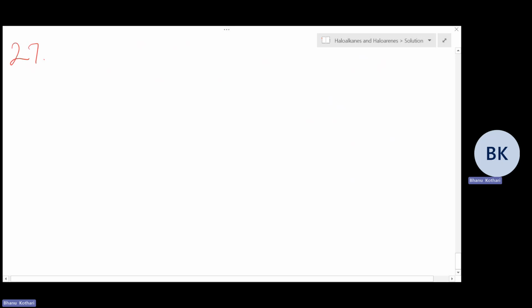Question number 27. What is given to us is, when 2-chloro-3-methyl butane is treated with alcoholic KOH, the major product is an alkene. So 2-chloro-3-methyl butane is treated with alcoholic KOH.